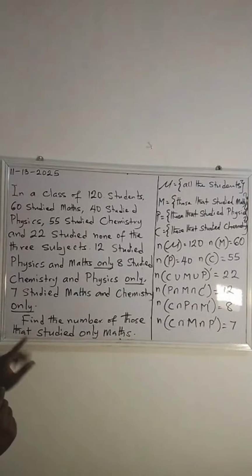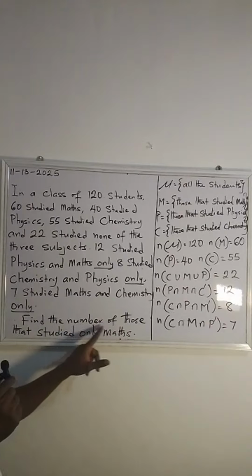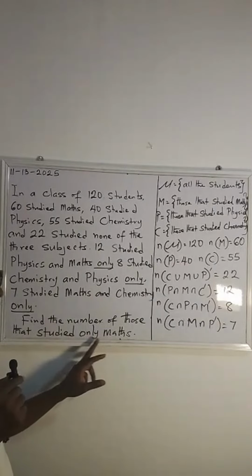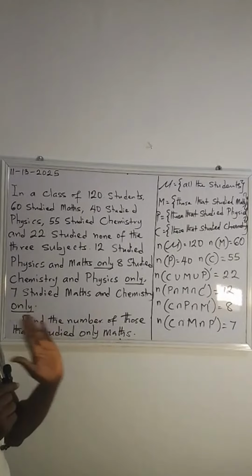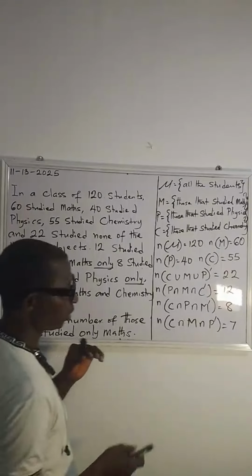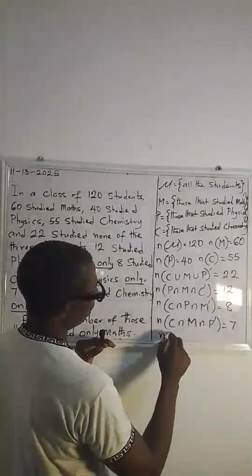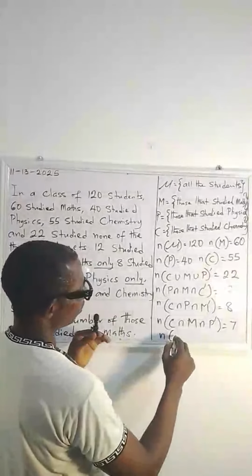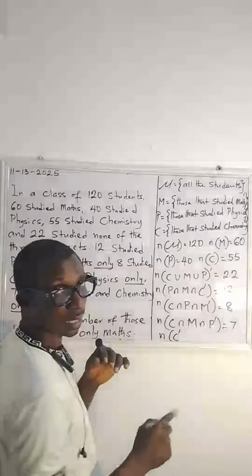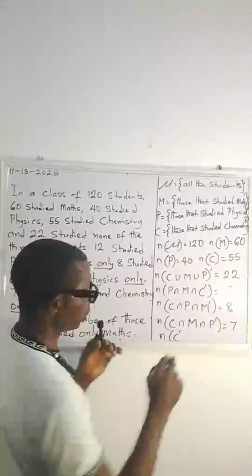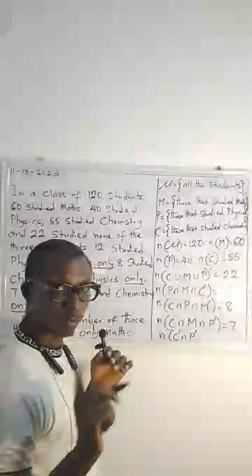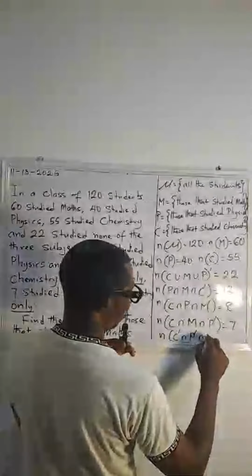Okay, so now the question wants us to find the number of those that study only mathematics. So how do we write that in set notation? The number of those that study only maths. So we have C complement, they didn't study chemistry, intersection P complement, they didn't study physics, and intersection maths.